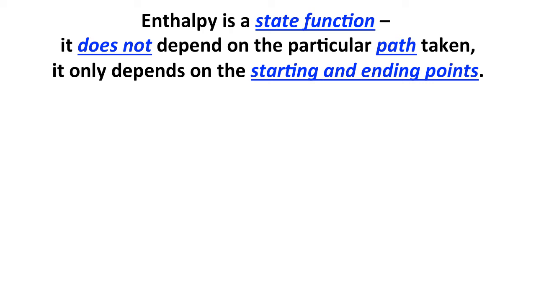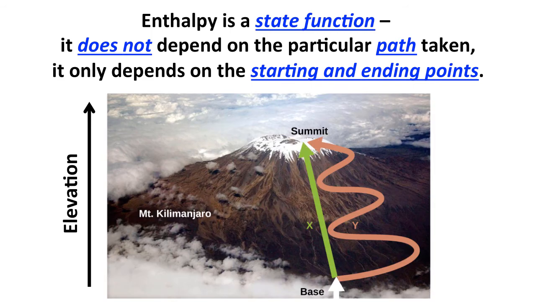And perhaps a non-chemistry example would help with this a bit. Another state function is elevation. So imagine you are hiking up Mount Kilimanjaro, trying to get to the summit, and the group you're with is at 5,424 meters, not quite at the summit yet.